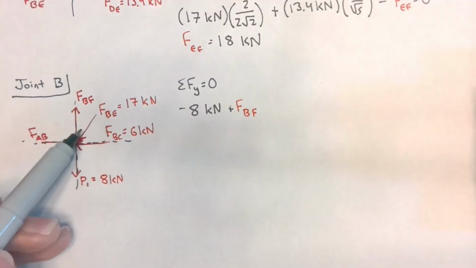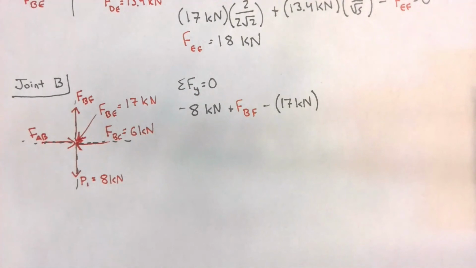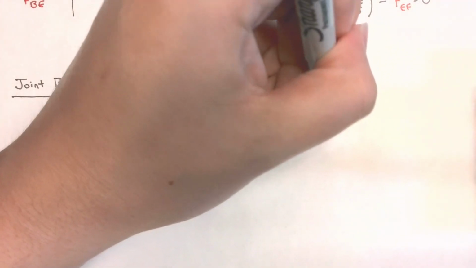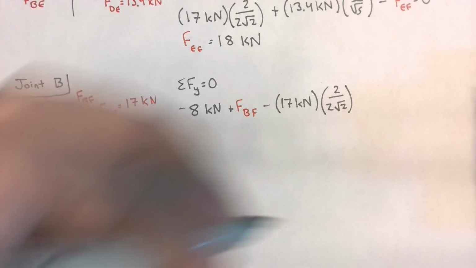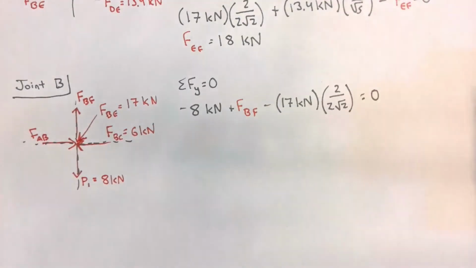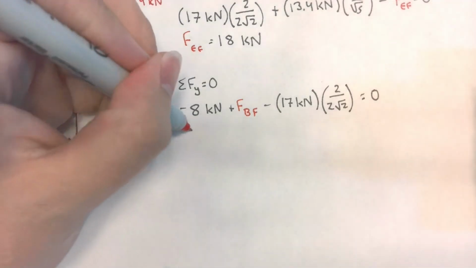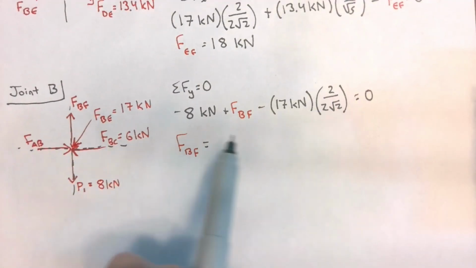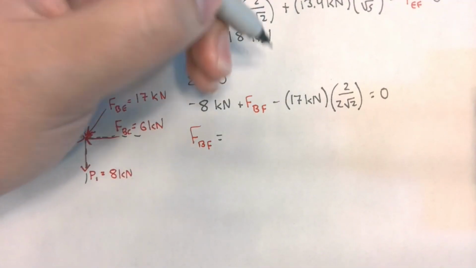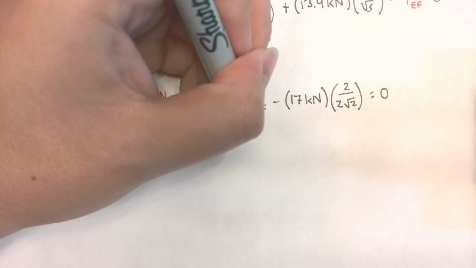And then we have the negative component for the force BE, so minus 17 kilonewtons, but we only want the y component, so we multiply by the slope, which is 2 over 2 root 2, or just the sine or cosine of 45 degrees. I think these are all our forces in the y direction. All of this equals 0 because of equilibrium. We only have one unknown, so we can solve for force BF, which should equal 17 times 2 over 2 root 2 plus 8, which I get to be approximately 20 kilonewtons.